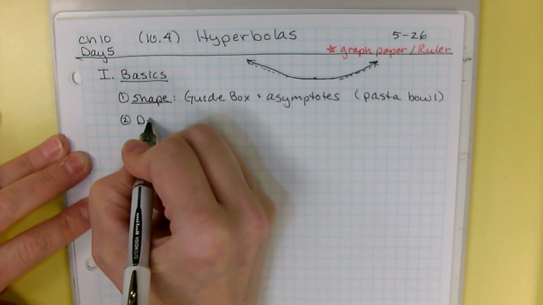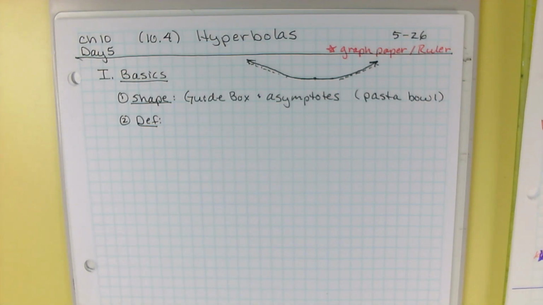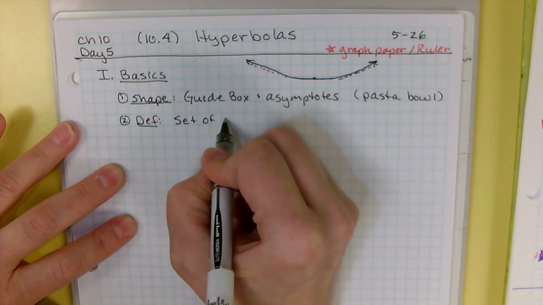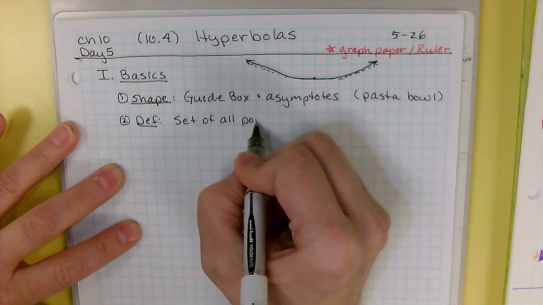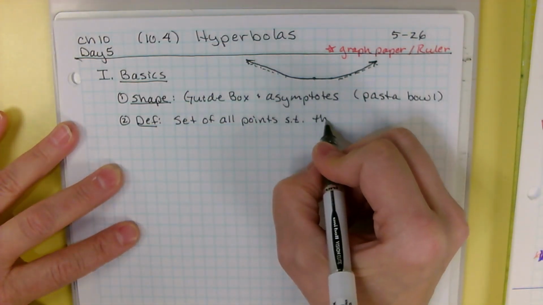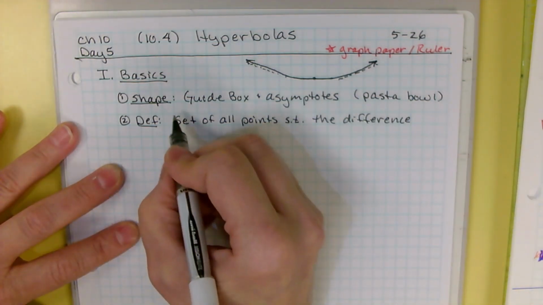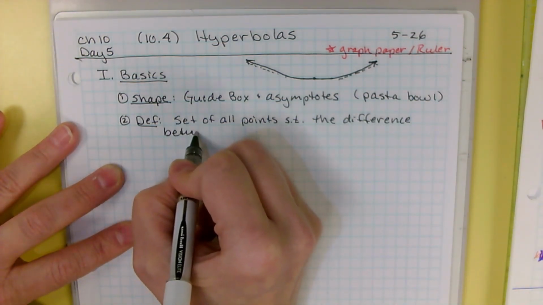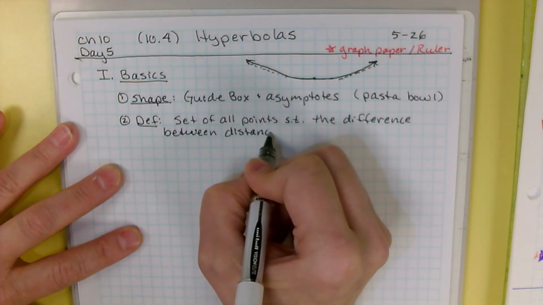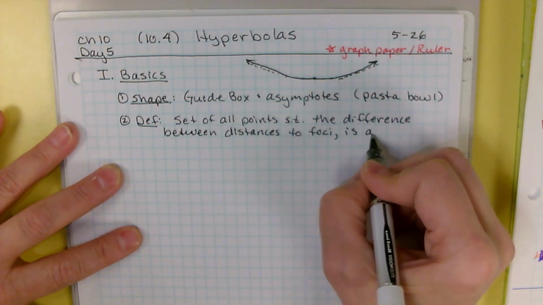Okay, number 2, I'm going to give you the definition because I feel like I have to, even though it's not something I think you're required to memorize. The definition of a hyperbola is the set of all points, and ST stands for such that, the difference between distances to foci is a constant.